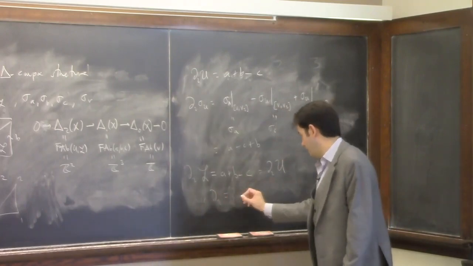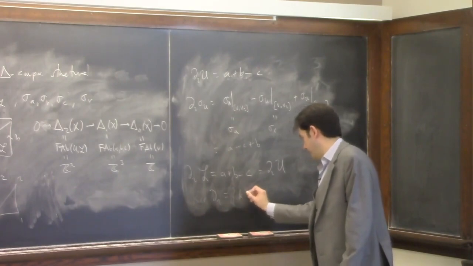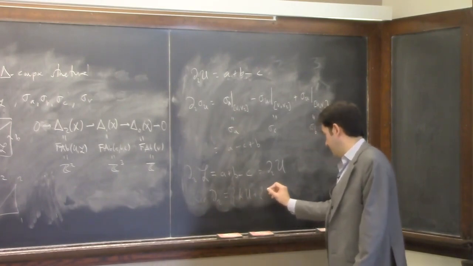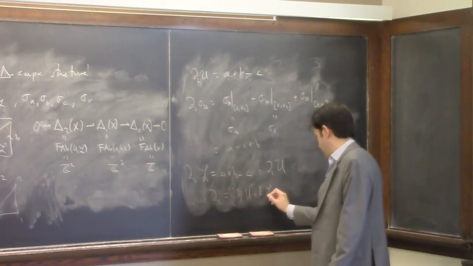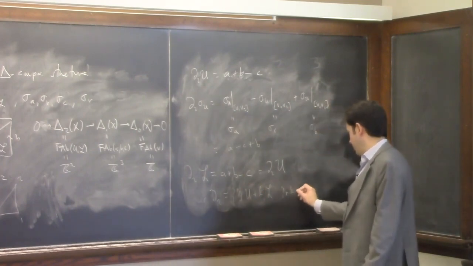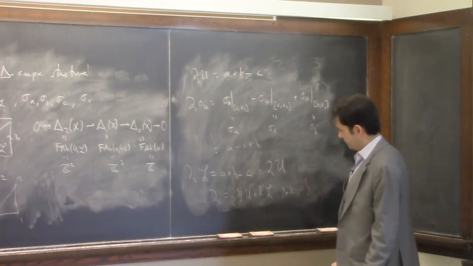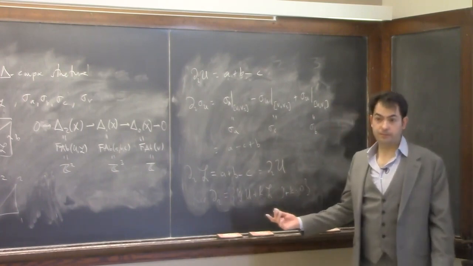It's going to be all of J times U plus K times L, such that J plus K is equal to 0, because they have the same boundary.